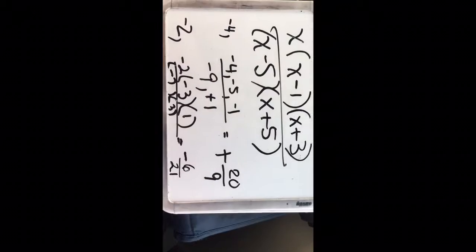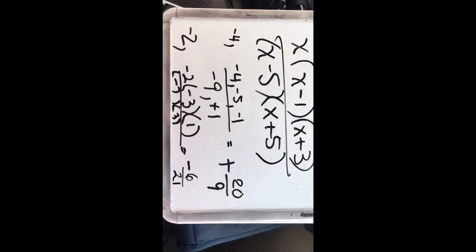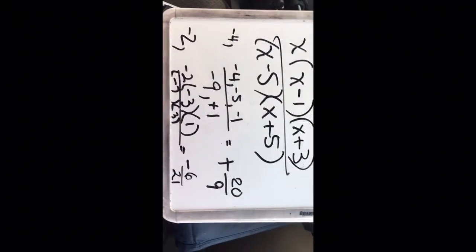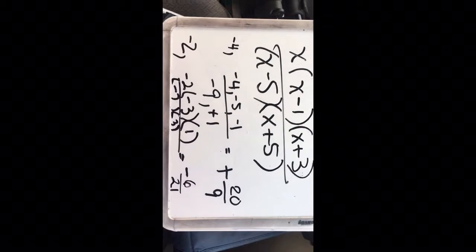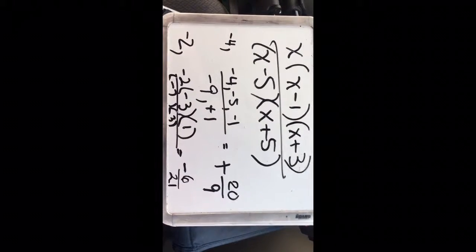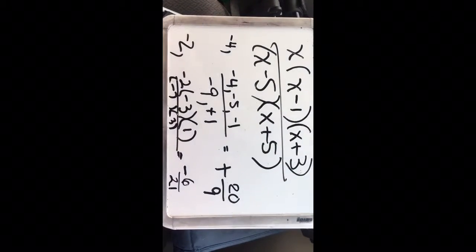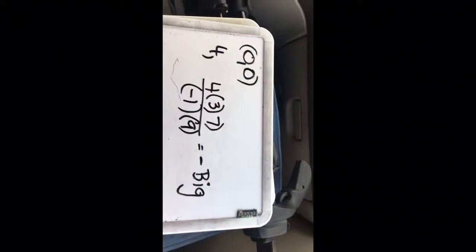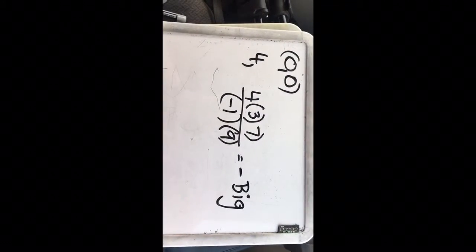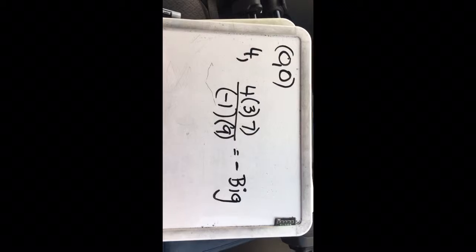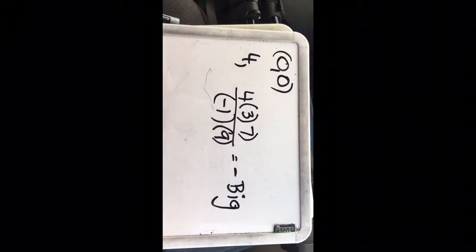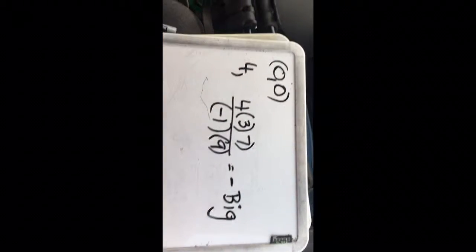So here are the factors at the top of the page, and I plugged in a -4 and got a positive 20 over 9, which is a little over 2. I plugged in a -2 and got a -6 over 21. And then I plugged in a 0 and got a 0, of course. Then I plugged in 4 and got a very big negative.